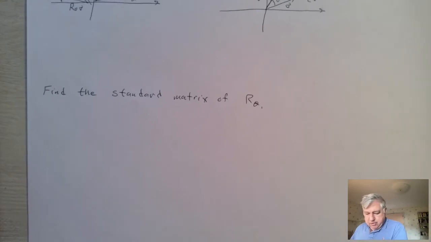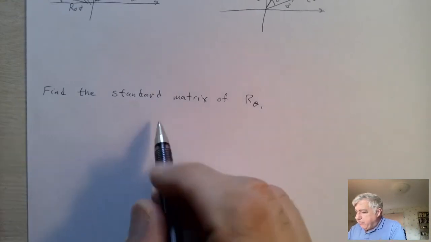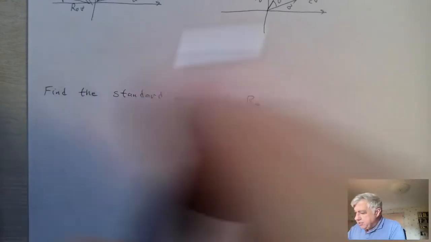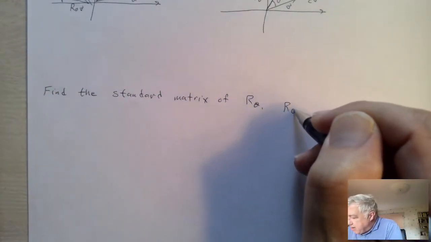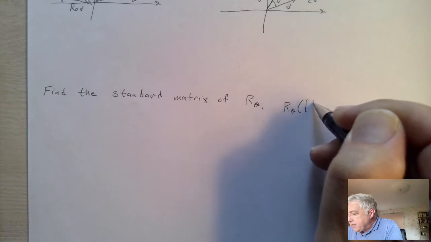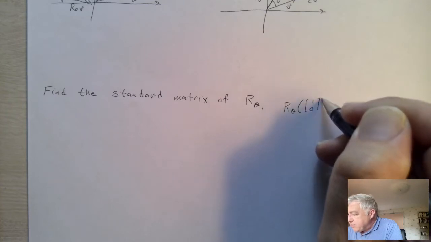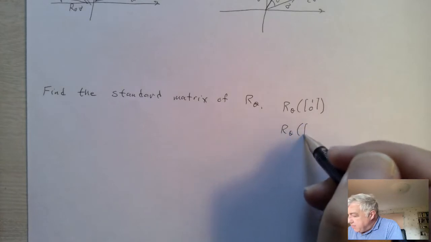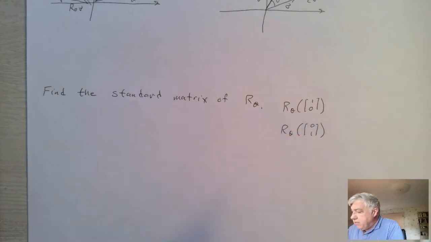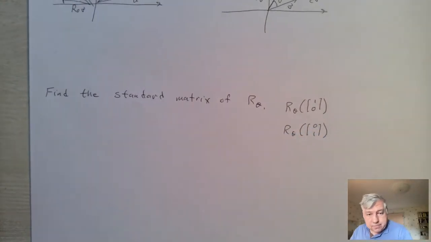Let's see how we define the standard matrix. We basically want to find what R theta of the standard basis vectors are, so R theta of (1, 0) and R theta of (0, 1). We'd like to know what these are.